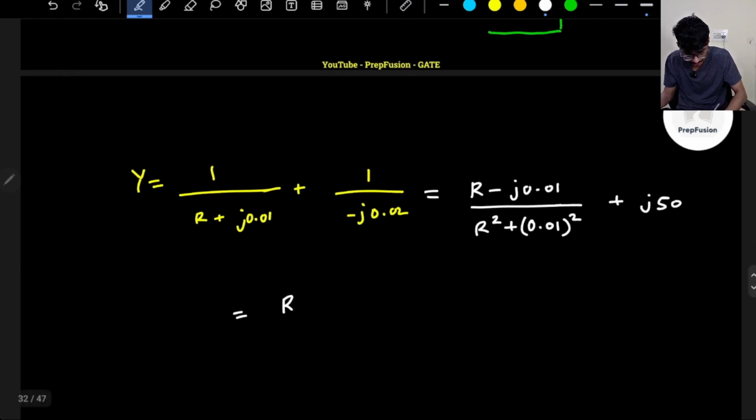Basically both your real and imaginary portions are varying here.